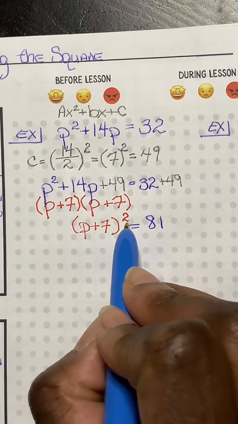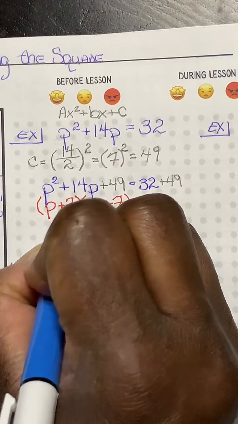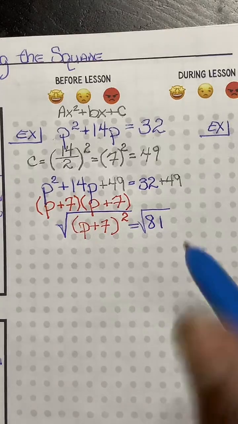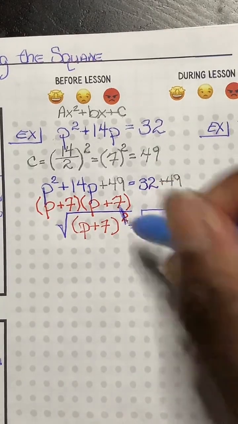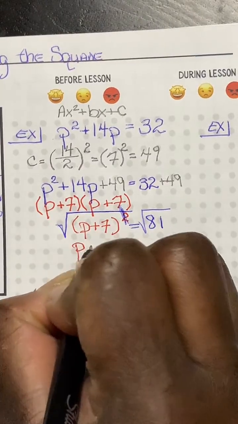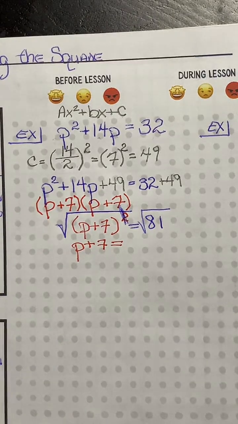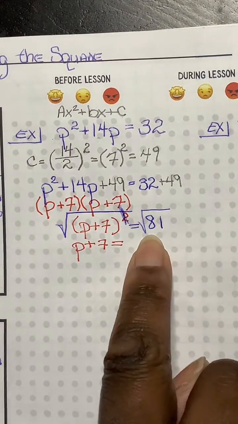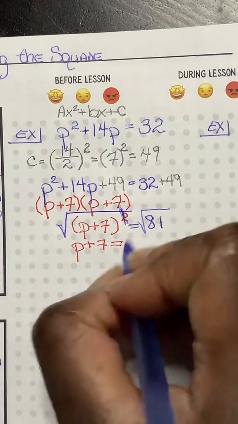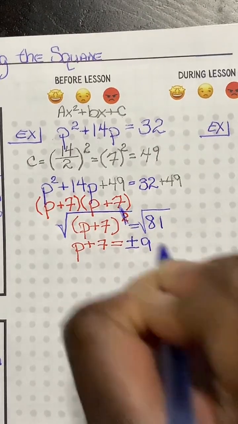The opposite of a square is a square root. Basically, they cancel each other out. So square and square roots cancel each other out, but it leaves me with p plus 7 equals. So now the square root of 81 will give us plus or minus 9.